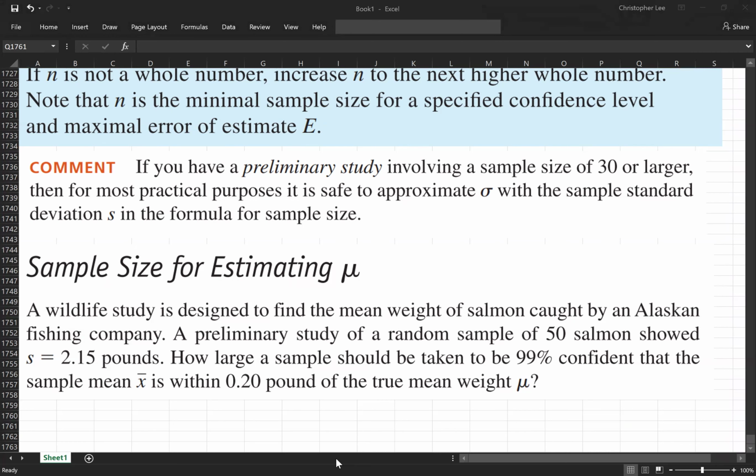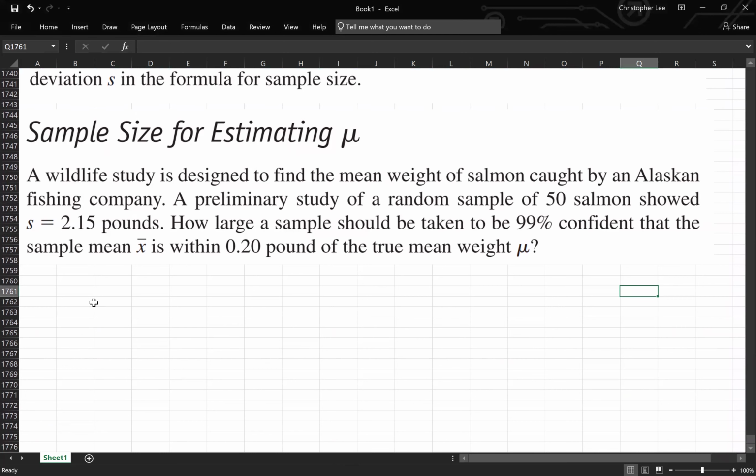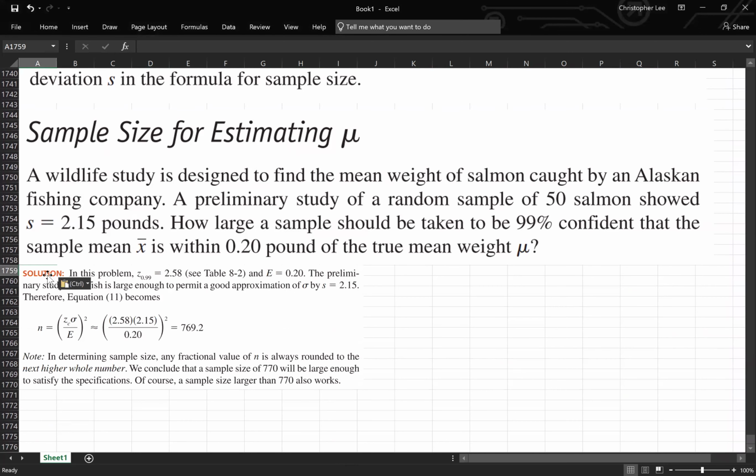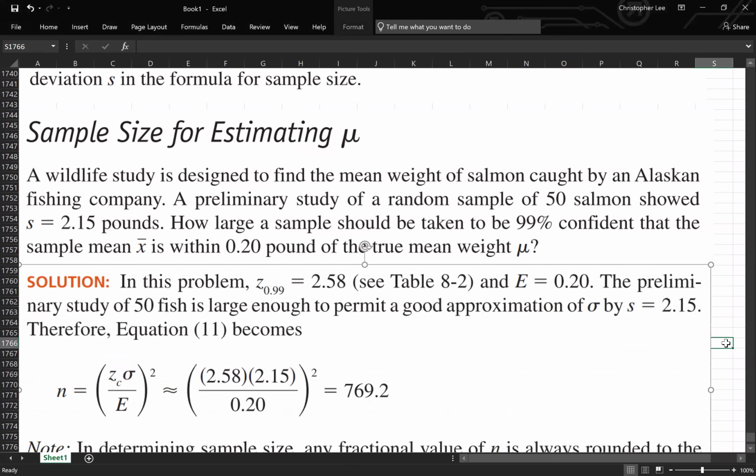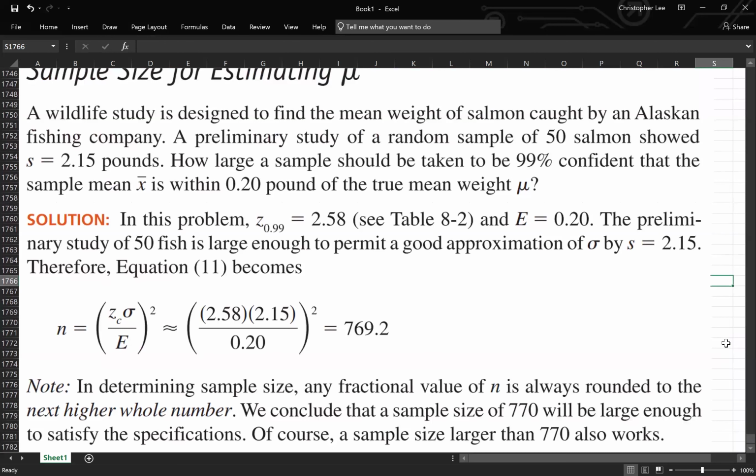So here we go. How large of a sample do we need? In this problem, we want to be 99% confident, so we're looking for Z 0.99, and we know that that's going to be equal to 2.58 from the table.